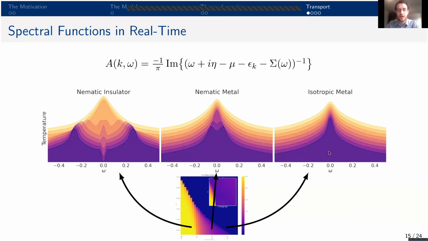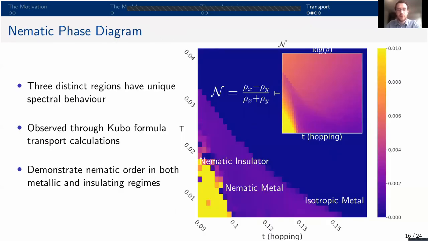So now with this, we're able to do a Kubo formula, and another advantage of the SYK model is that this is exact in bubble order. We're able to extract the conductivity and then the resistivity. And now we have this order parameter n of the differences, rho x minus rho y.